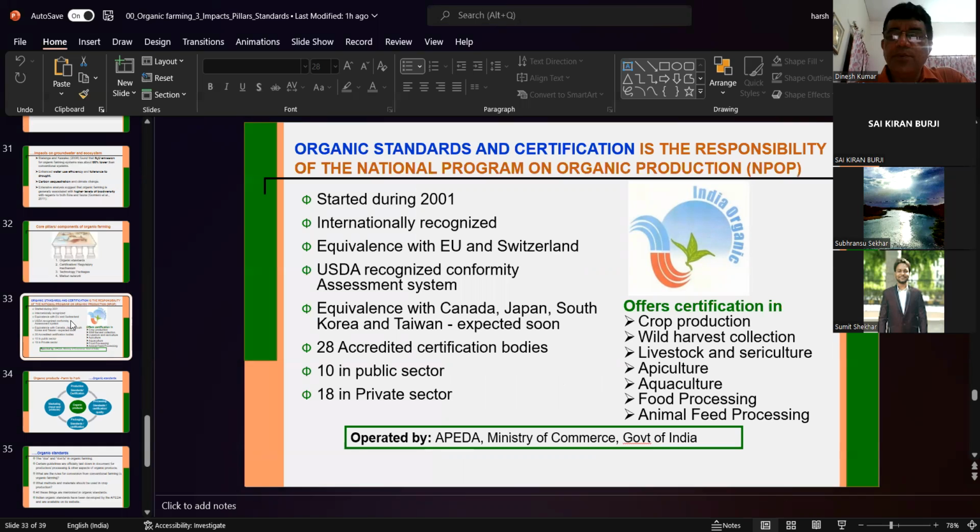It has the responsibility to formulate organic standards for India, and it has to organize the certification process through accreditation of certification agencies. APEDA or NPOP needs to find certification agencies and authorize them to do the job of certification. So organic standard and certification are part of NPOP.